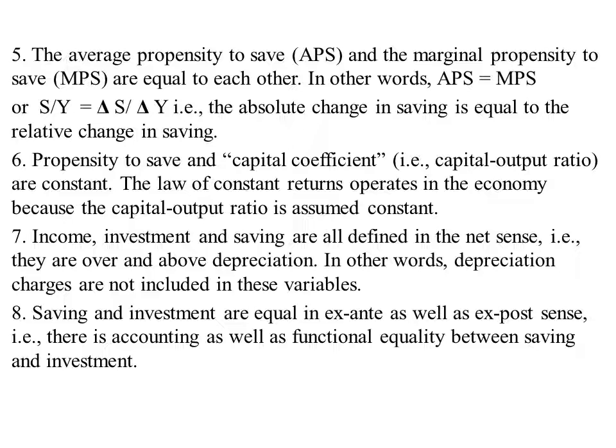Propensity to save means S by Y, here S by Y equals delta S by delta Y. Capital coefficient means the capital output ratio, C by Y. Both are constant. This is the main assumption of the Harrod model.